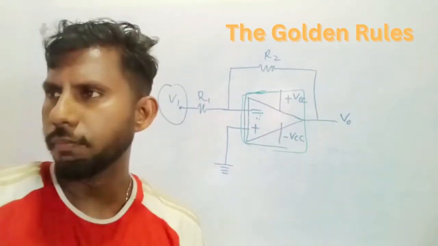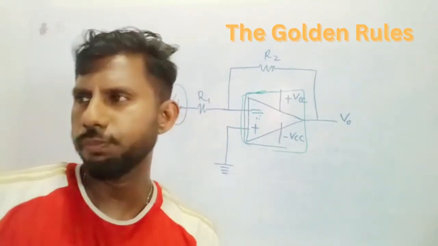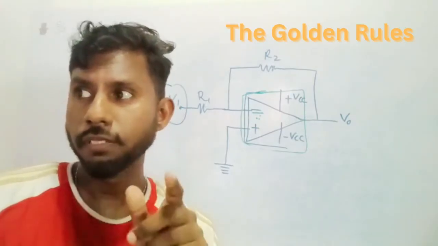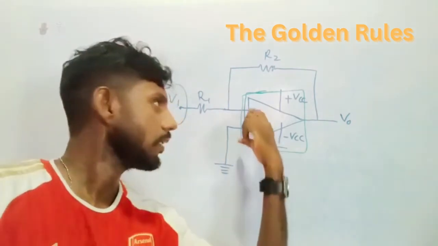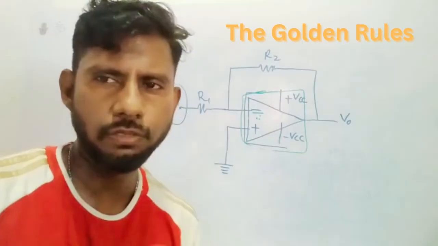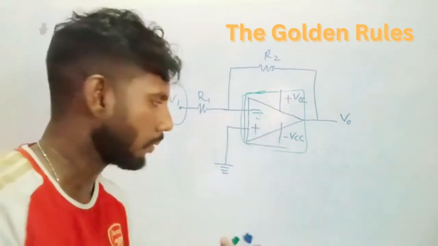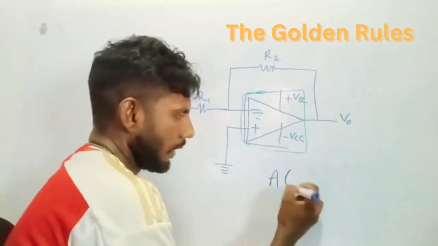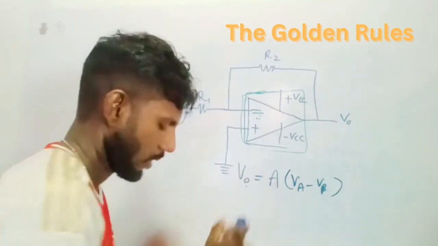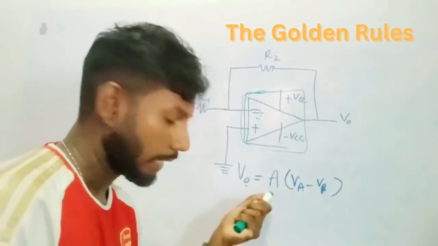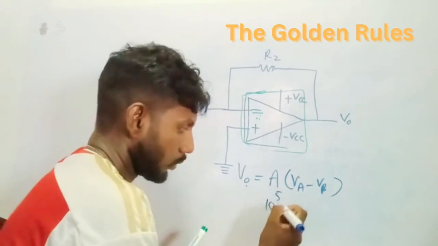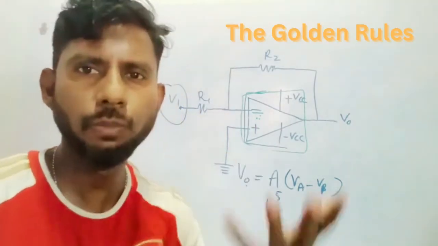And moving into the second part, golden rule 2. It states that the potential difference between the input terminals of an operational amplifier is 0. Right, students, recall the open loop condition. In the open loop situation, if you can remember the equation, V = A(VA - VB). The value of A here is closer to 10 to the power 5 in most cases, so it's a very high open loop gain.